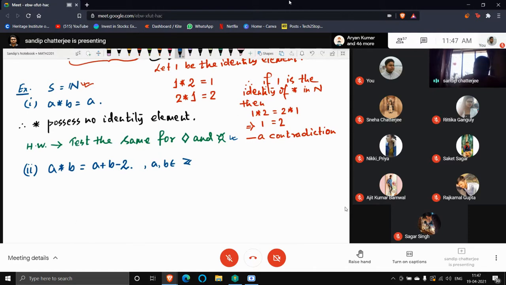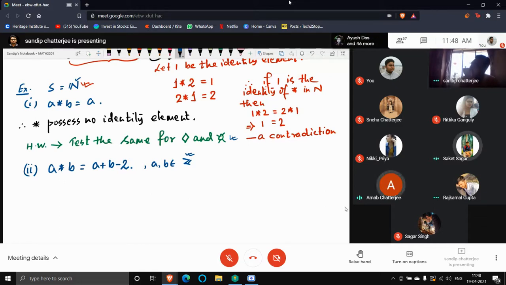Are you aware of this symbol Z? What is the difference between this N and this Z? So N is the set of natural numbers and Z is the set of integers. What is the difference between the two?